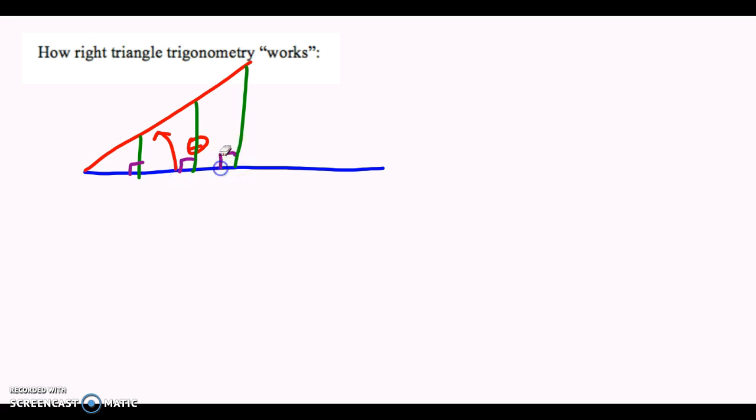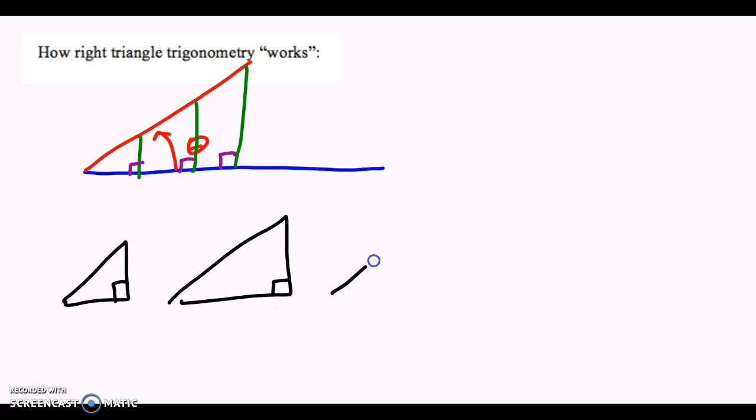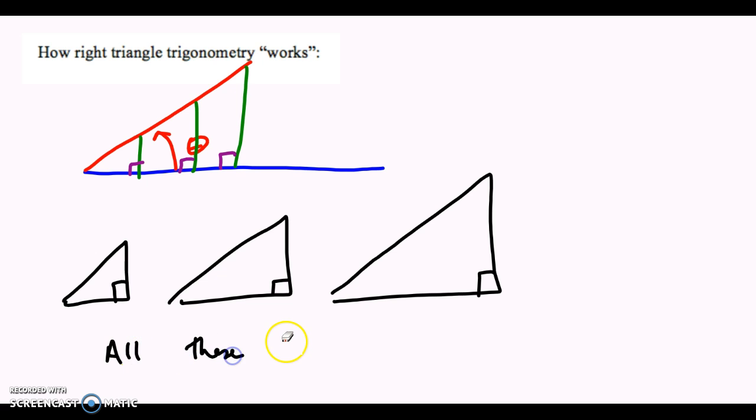Now you'll notice of the lines that I drew, I just made 3 triangles. Each of these triangles, the smallest one, medium one, and the largest one, are all similar.